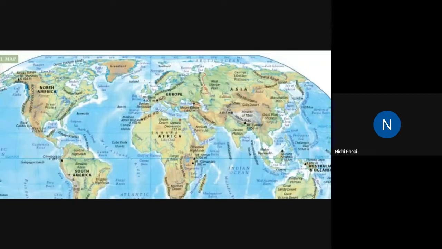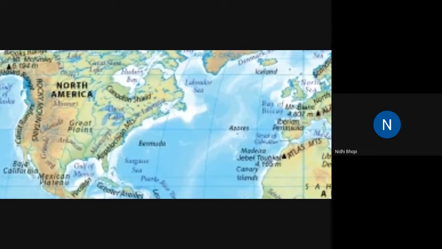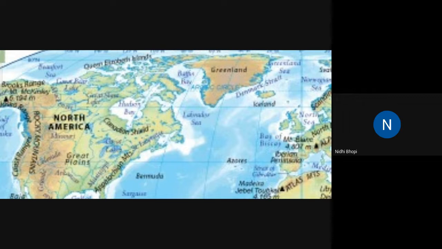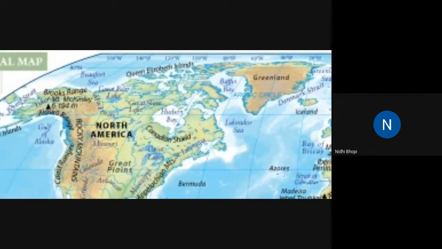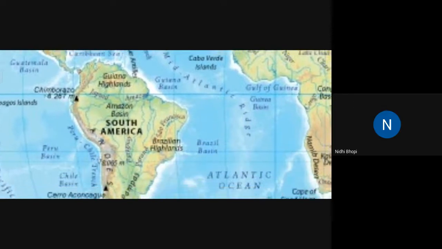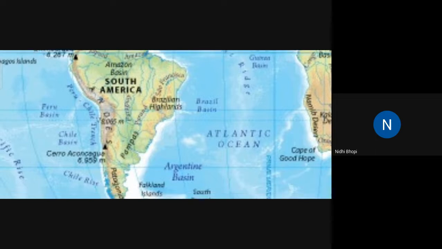Then we had deserts. You can see here the Mexican Plateau, then the Appalachian Mountains on my screen. Pampas.